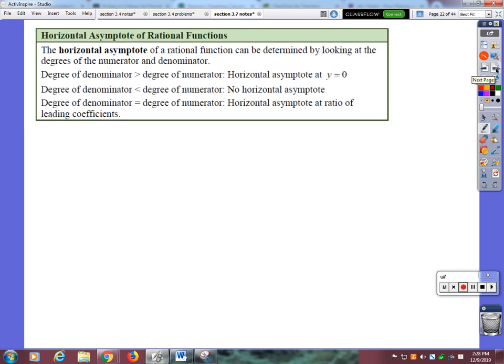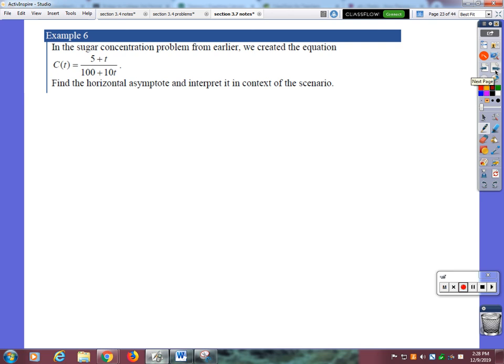All right, so let's take a look at our sugar example. Are we top heavy, bottom heavy, or equal? Equal. Yeah. We're the same, okay?